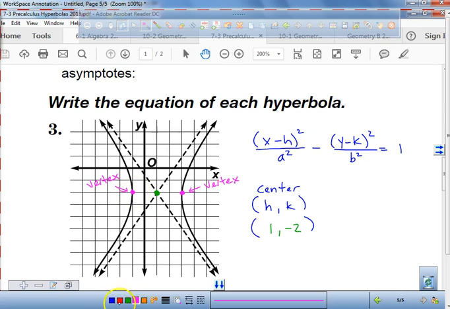Then, from that point, I want you to travel up until you reach one of the asymptotes. You hit the asymptote right there, put a point. From there, go across until you find the other asymptote. Put a point. Now start going down through the vertex until you reach the other asymptote.